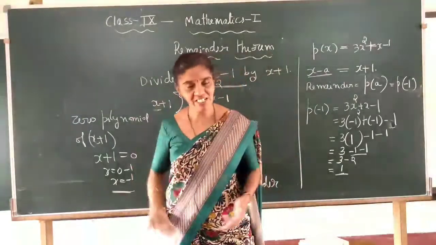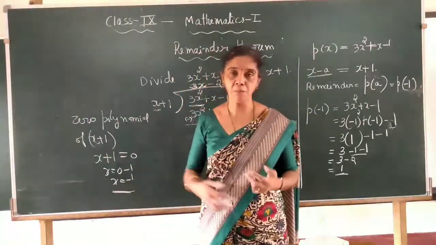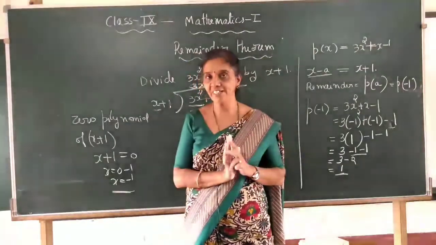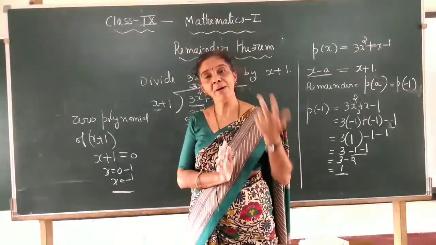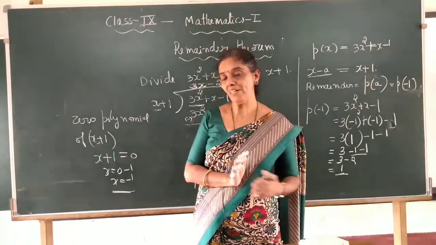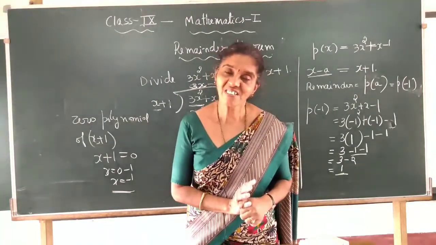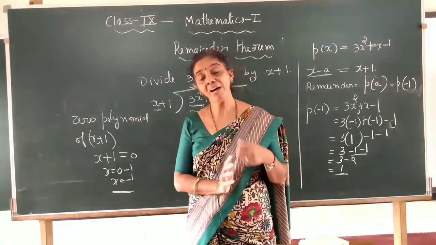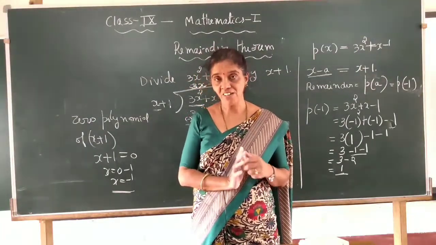I will repeat once again, it is a new aspect, it is very important. A polynomial p(x), when you divide it by a linear polynomial divisor, say x minus a, how to get the remainder? Very simple.